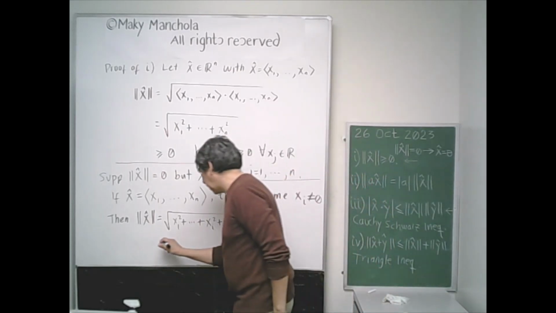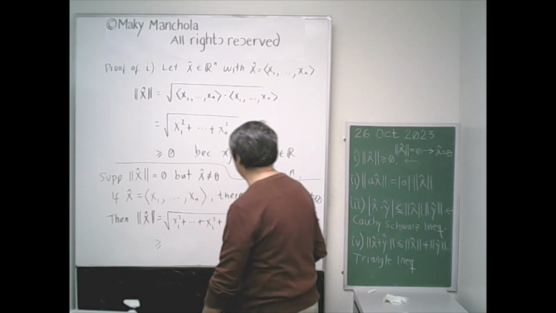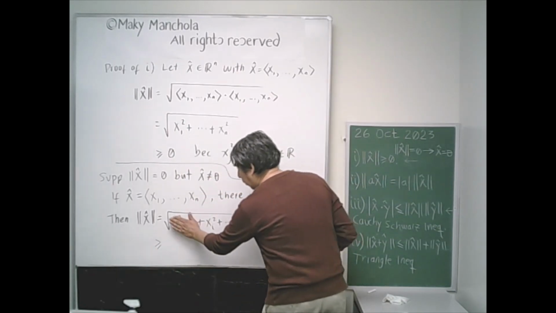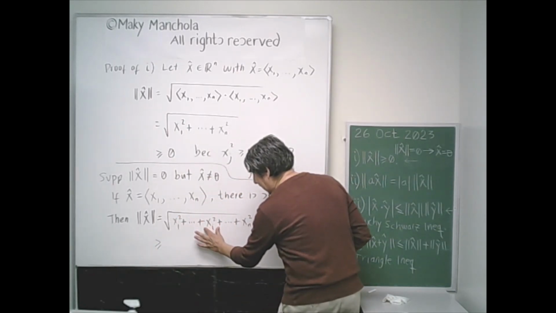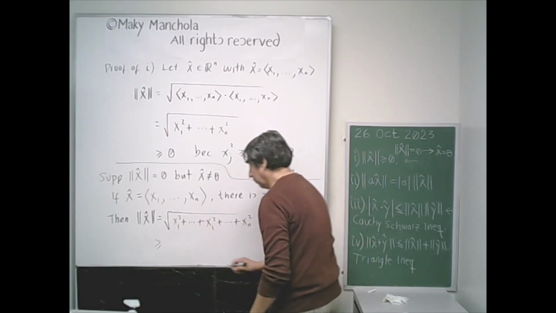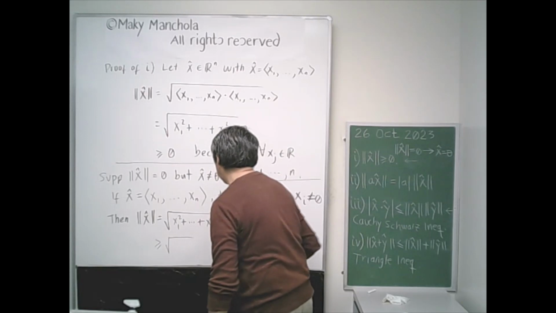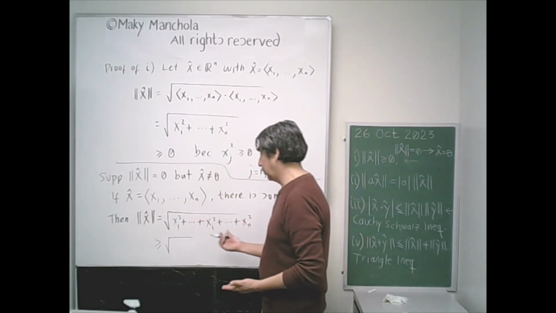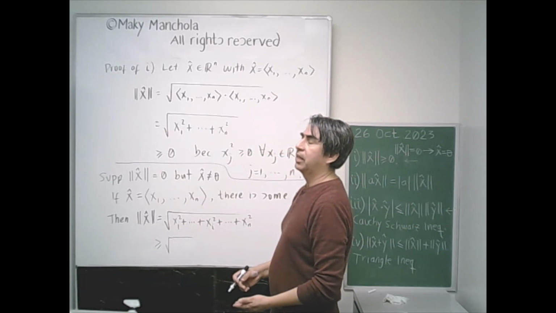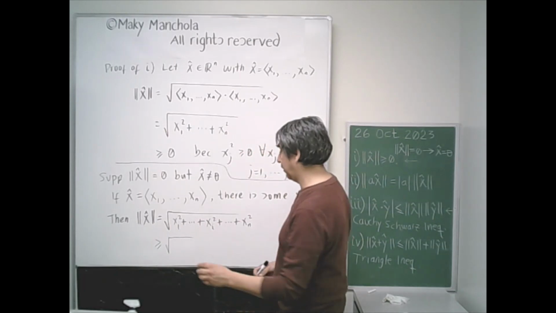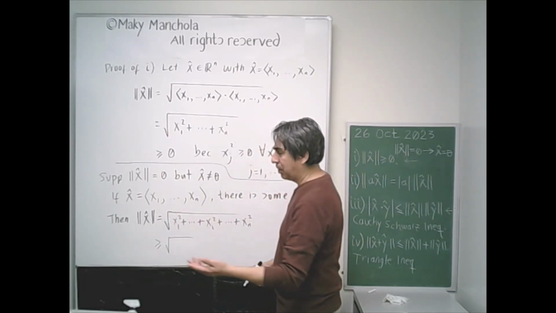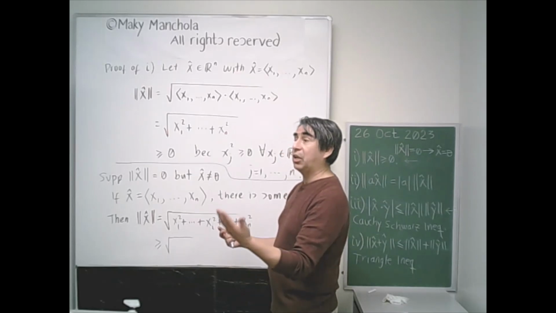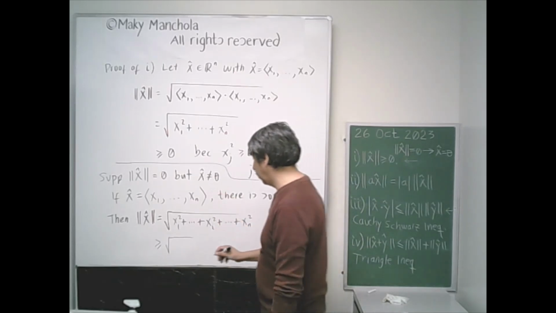So this is greater than or equal to, if I drop all the terms except xi squared, whatever quantity I get must be lesser than the one that had all the terms. Because remember, none of the squares that you see there can be negative. So if you drop anything from there, the result is going to be equal or smaller than the original one.